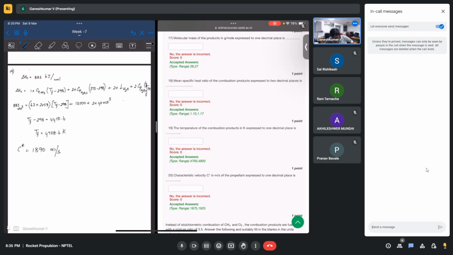So maybe they can relax the range a little bit. Yeah, so this is coming around 1890. 1820 might be the same, but 1900 they could relax the range a little bit.